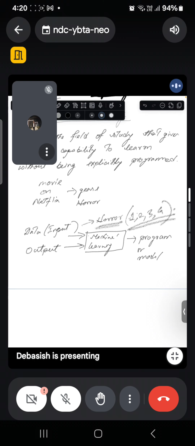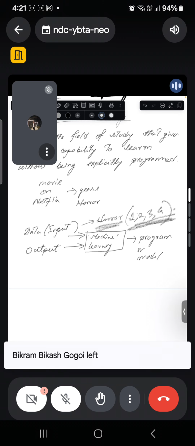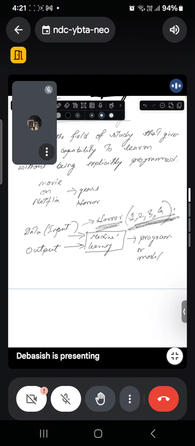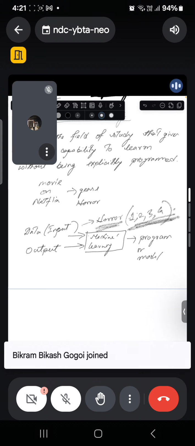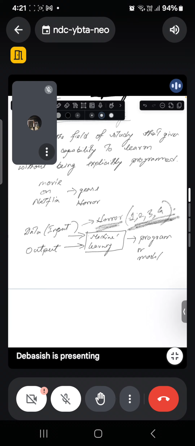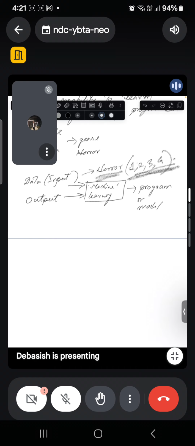So the category is the input and this is the output. We will provide these as the type of movies that can be considered horror movies. We feed them using some algorithm, and then it gives us a model or program. So basically we will train the model. I'll explain how to train these later.